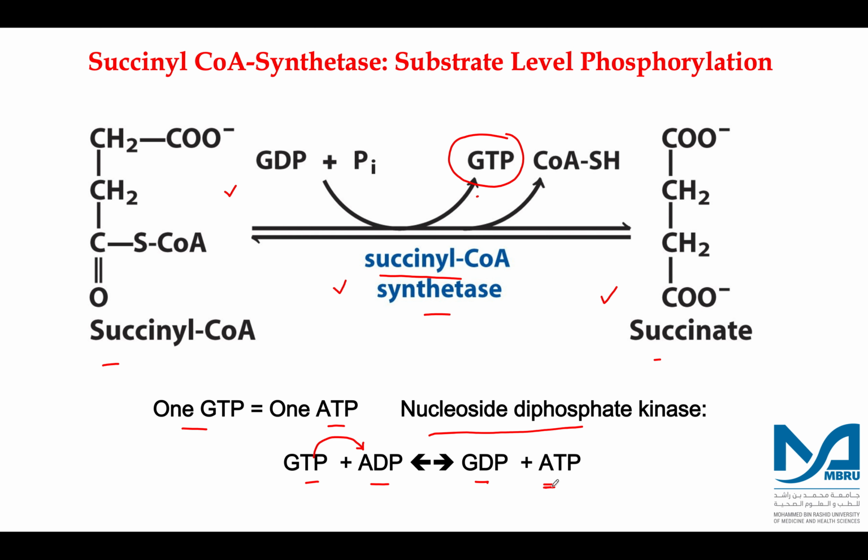So in the exam, if I ask you which of the following steps in the TCA cycle, or which of the following steps in the process of aerobic metabolism of glucose, shows substrate level phosphorylation, you should be able to answer it immediately.